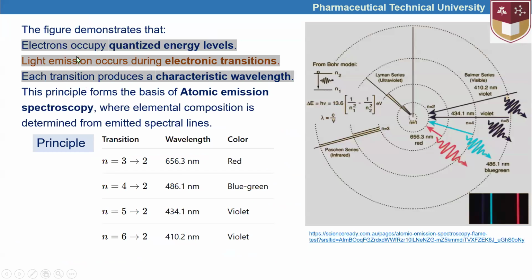Electrons occupy quantized energy levels. Light emission occurs during electronic transition. Each transition produces a characteristic wavelength. Let's say this is the ground state of electrons. To this ground state, the electrons can come from the farthest electron shells, or close electron shells.